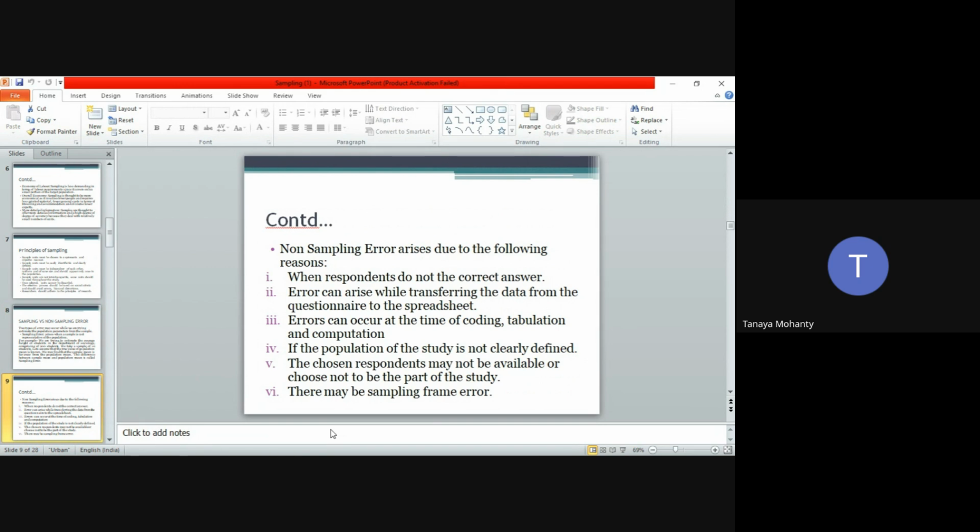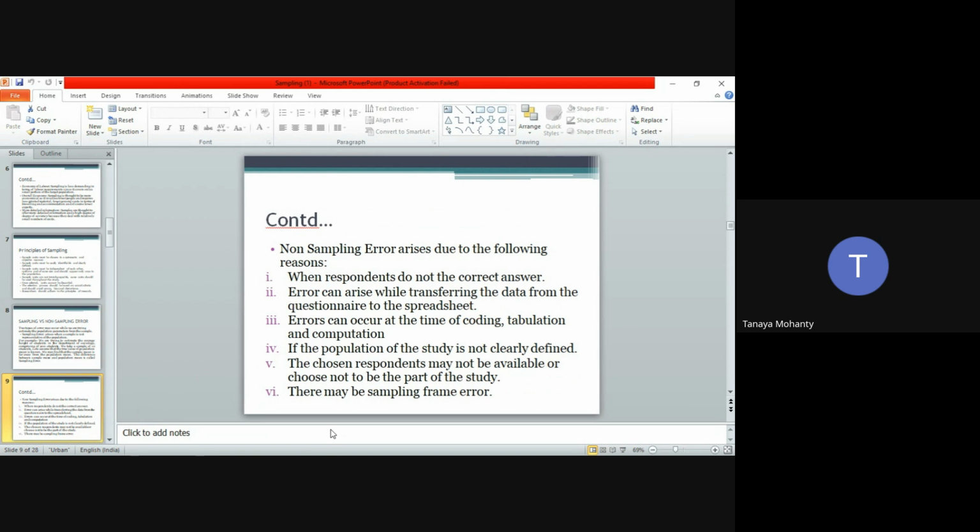If the population of the study is not clearly defined, if I do not have any idea about my universe, I will not be in a position to calculate my entire sample size, because normally we tend to take a particular percentage of the universe. But suppose I say, let me know how many people in this city are Coke lovers, and how many people in the city are Pepsi lovers.